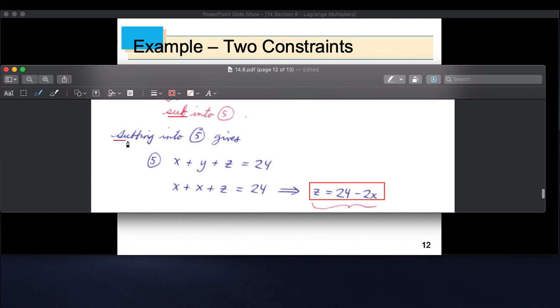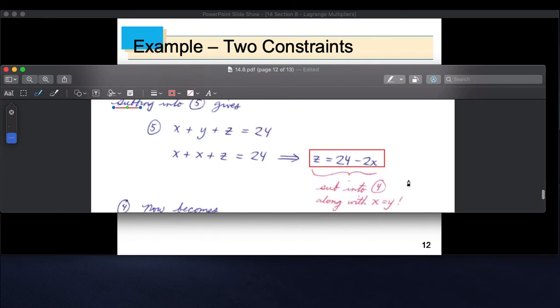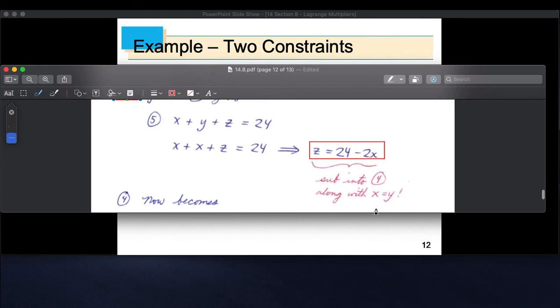It's all over the place, right? We're going to substitute that into equation 4 now. And don't forget, not only am I going to replace z with 24 minus 2x, again, please don't forget, this is all based off the case we're using that x equals y. So we're going to substitute this relationship and this relationship into equation 4.